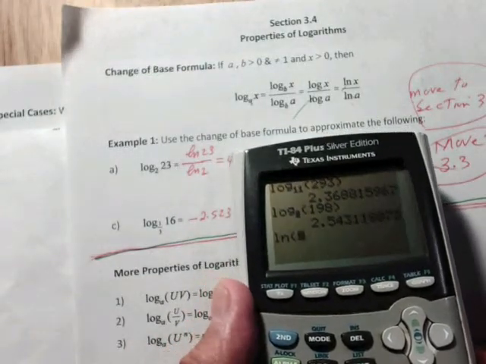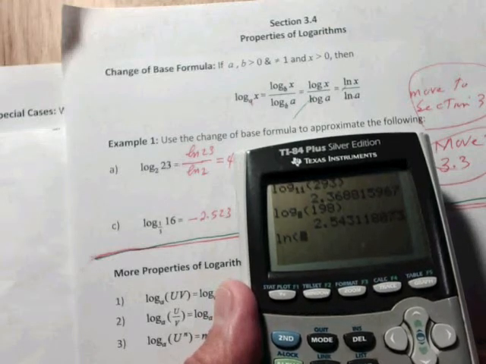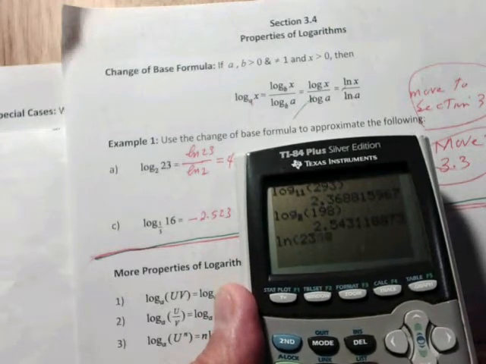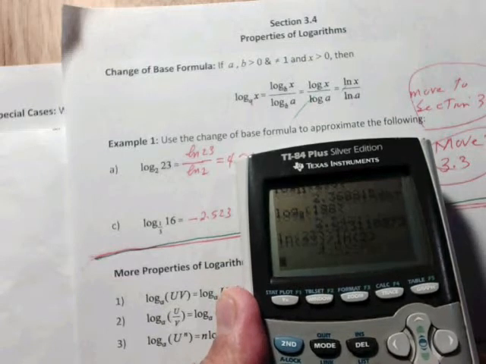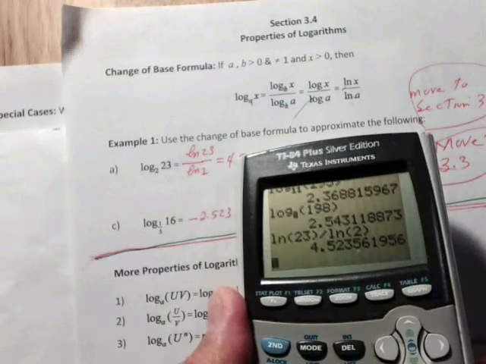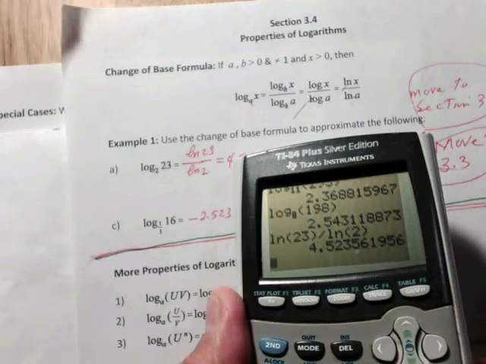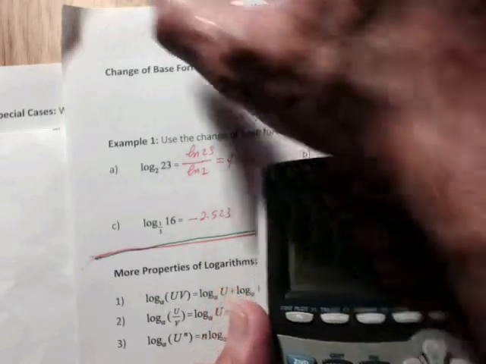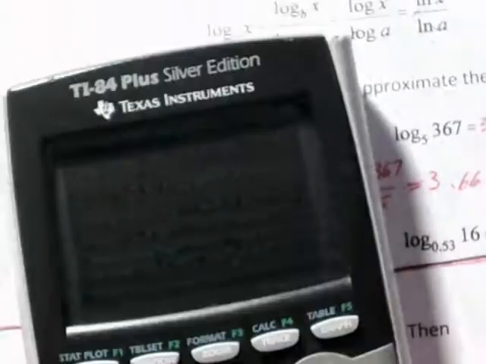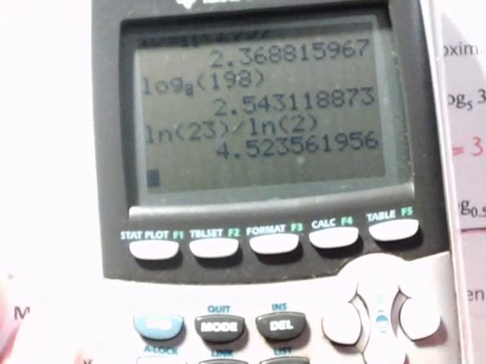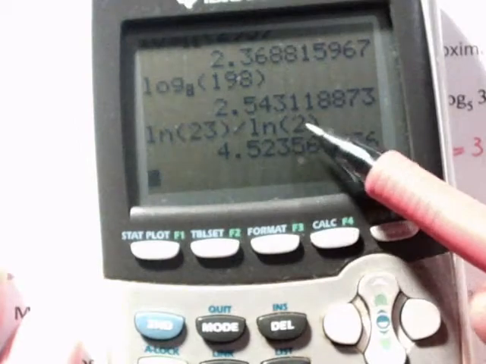Natural log of 23 divided by the natural log of 2, I get 4.53. Let me make this one bigger a little bit. Log of 23 divided by log of 2.